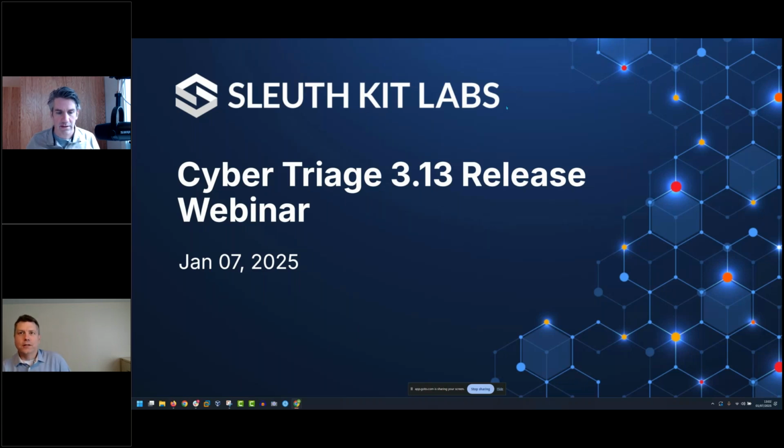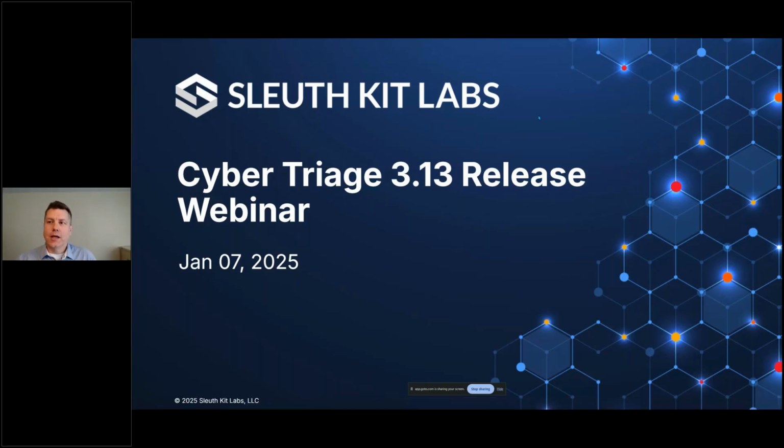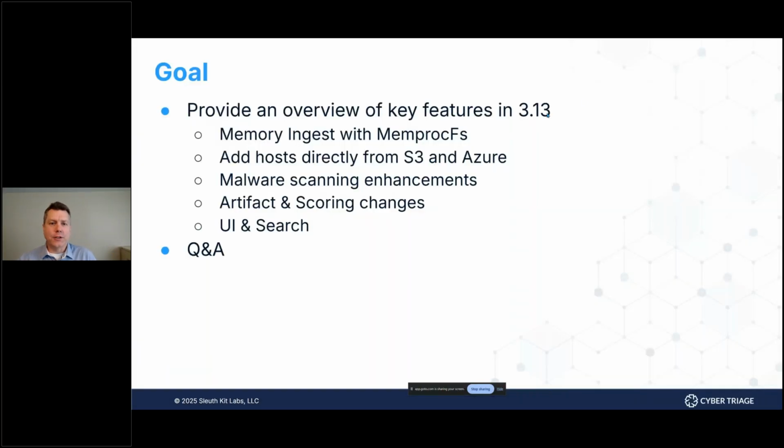Great, thank you, Brian, and thank you everyone for coming along to hear the latest and greatest about Cyber Triage. As Brian mentioned, in this session the two key features added or enhanced for the 3.13 release are these. Memory ingest: we're now using MemprocFS in addition to Volatility, which means we get much better support for more recent operating systems.